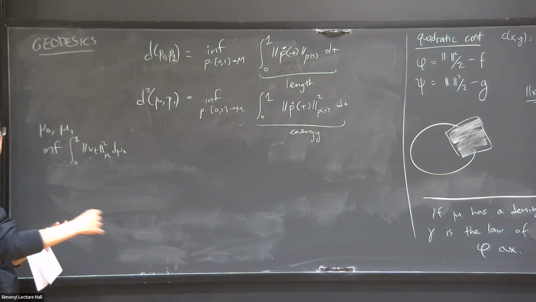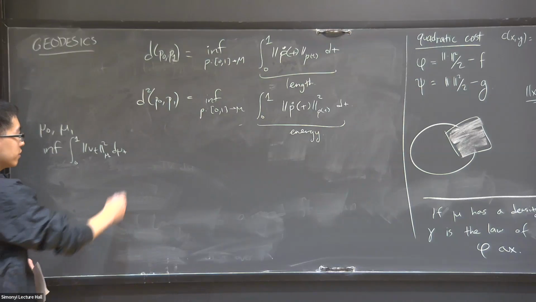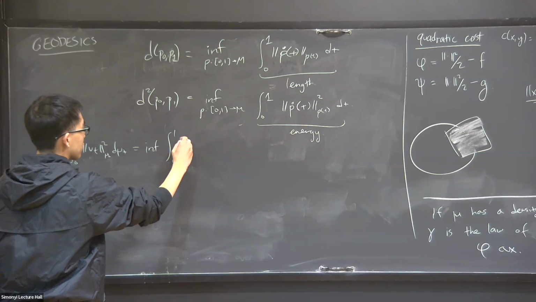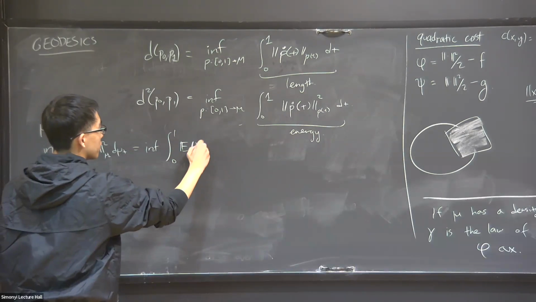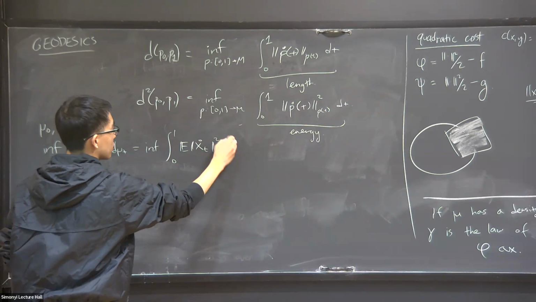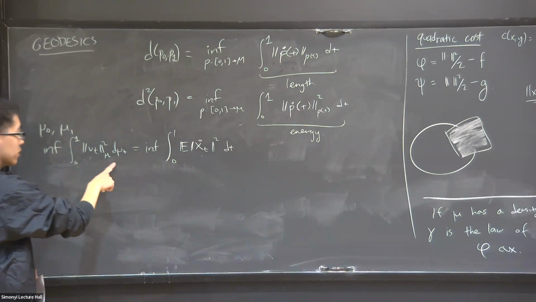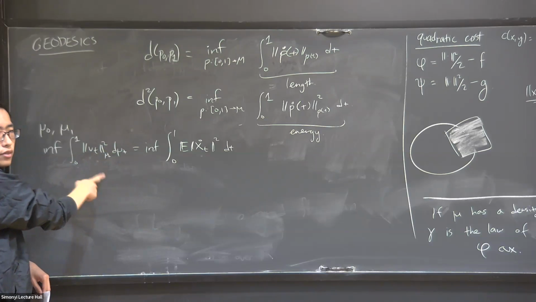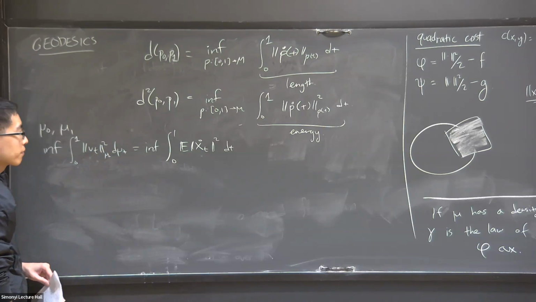So if we switch back to the Lagrangian interpretation of things, this is the same thing as the expectation of the integral of the squared norm of xt dot, where xt is a random variable, a trajectory that's sampled from this mu t, vt pair.